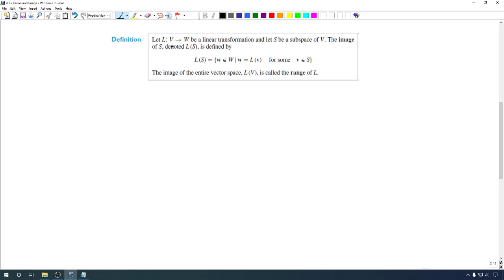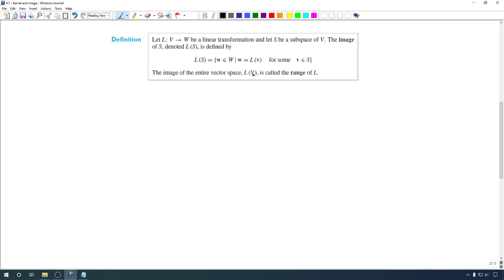So here we're looking at a linear map L from V to W, and S is any subspace of V. Then we can look at everything that was in S and look at what happens to it when we put it through L. So if v is in S, we take its image, what we get out from plugging v into L, and we put it into this space. And we call that the image of the subspace S under the linear map L.